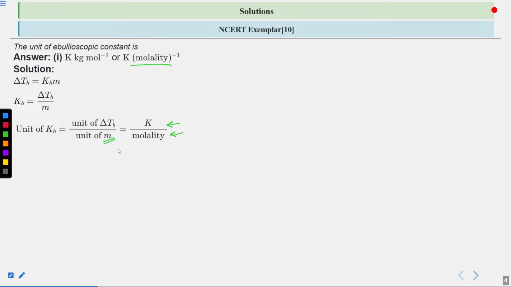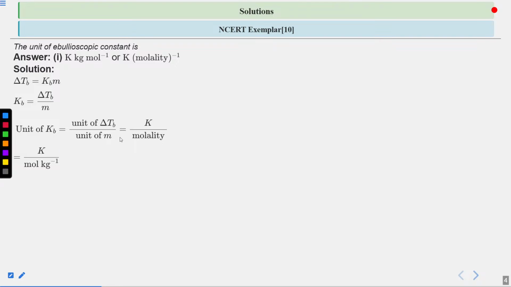And you can also write it as Kelvin upon mole per kg, because molality is the number of moles of solute divided by the weight of solvent in kilograms. That weight of solvent in kilograms is in the denominator, it will come in the numerator, and the power goes to minus 1, and it will come along with the mole, right?